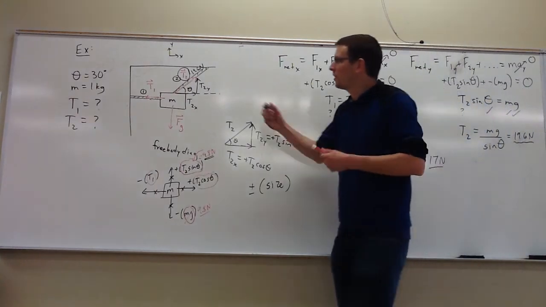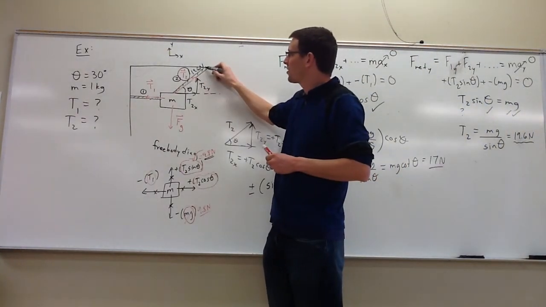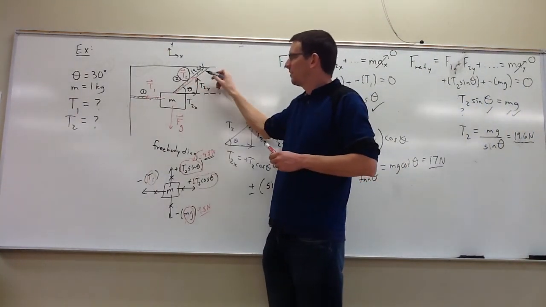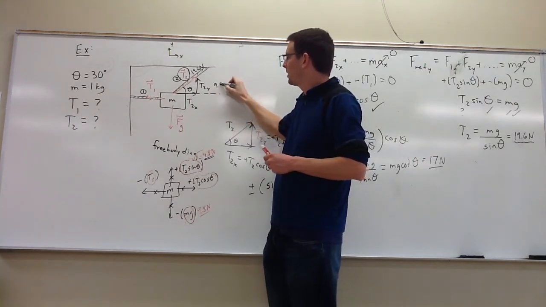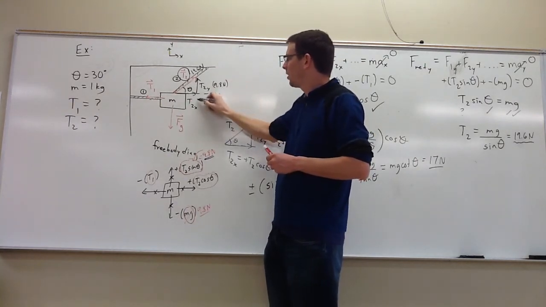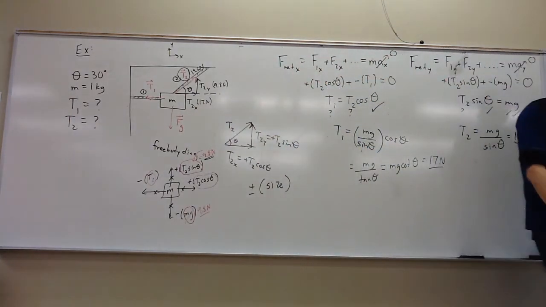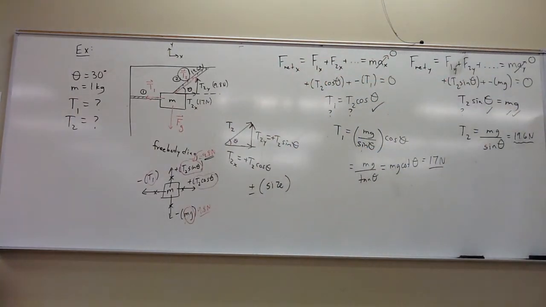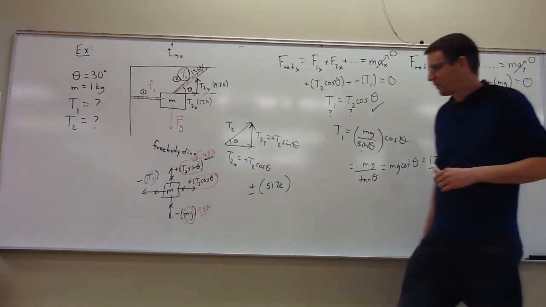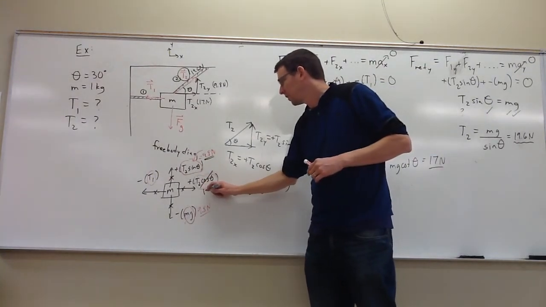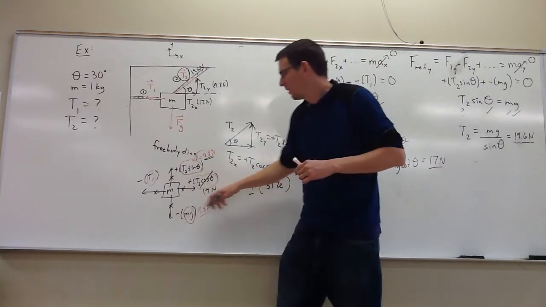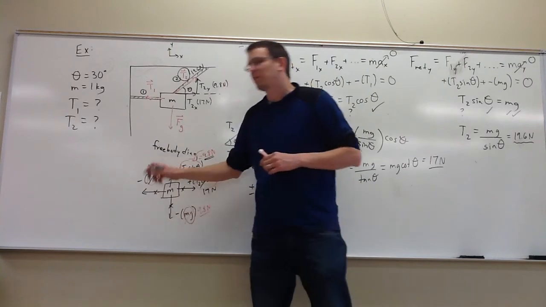In fact, it turns out if you have a 19.6 newton force at this angle, the vertical component is 9.8 newtons, but you also get 17 newtons to the side. 19.6 times cosine of 30 is 17. So how much must the other rope pull back? It must pull back 17. If this comes out to be 17 as a whole, then this has to be 17, right?